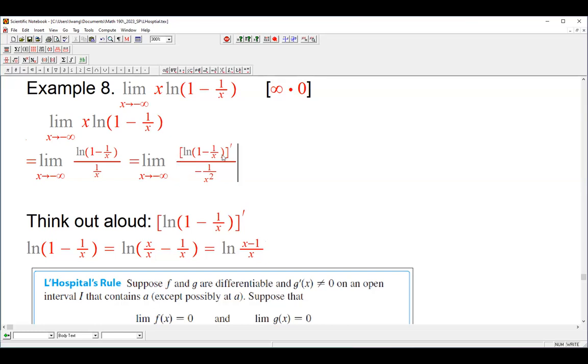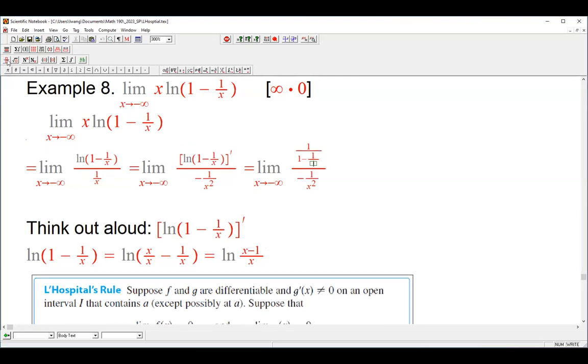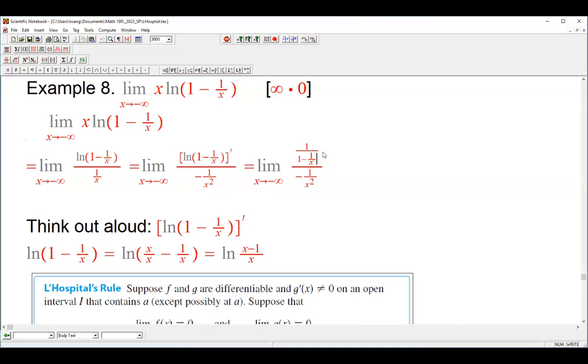So I'm going to just take the derivative as such, as a chain rule. I'm taking the derivative of ln of such, so that's equal to 1 over 1 minus 1 over x, right? That's the chain rule.